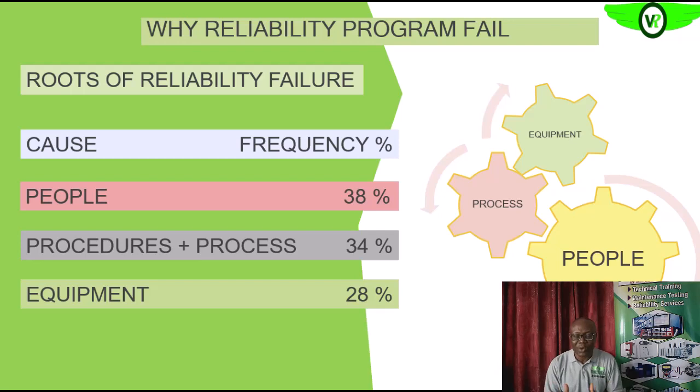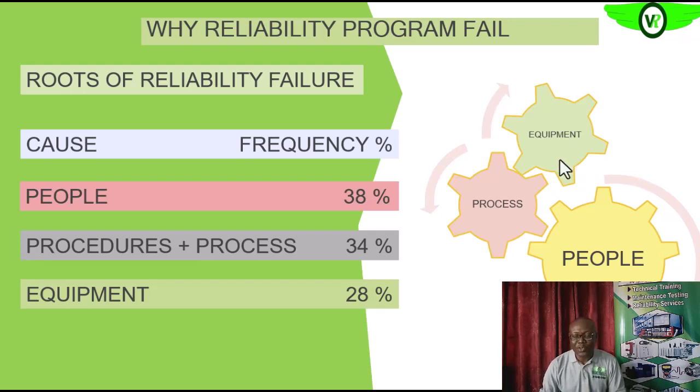And one of the reasons why most reliability programs fail is that our reliability improvement strategies are usually concentrated more on this equipment. And as you can see, they can only contribute about 28% to the success of your reliability program if you ignore the other factors.